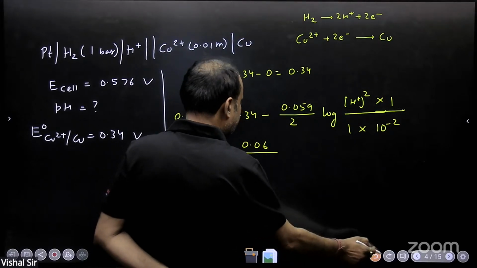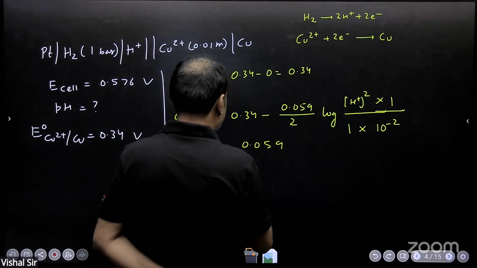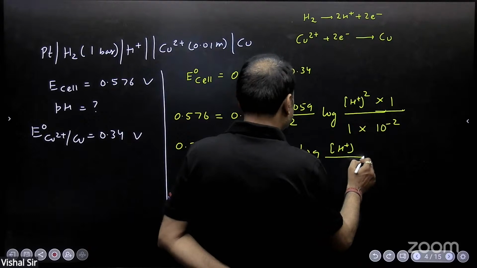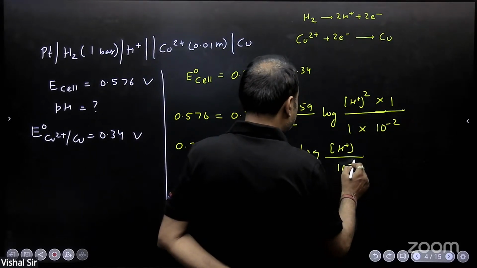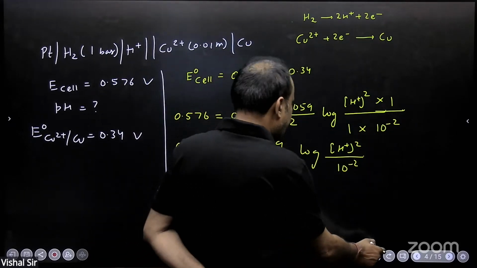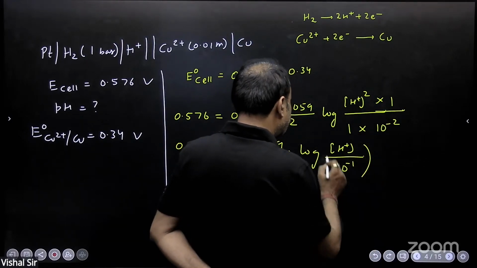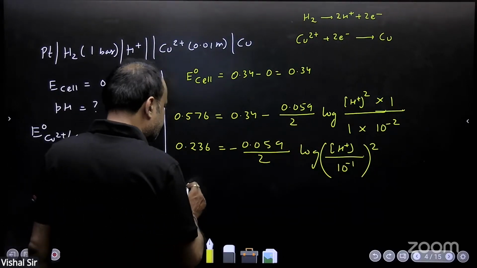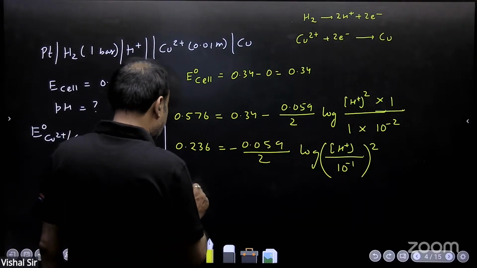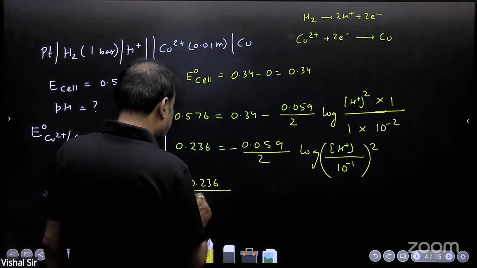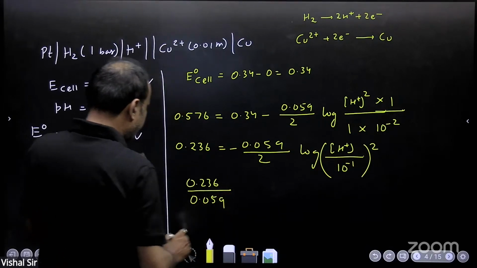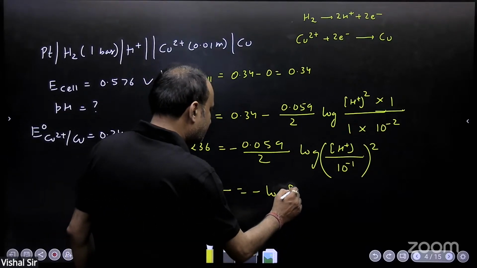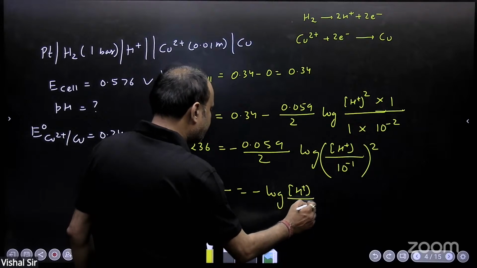is 0.059 by 2 log of H plus square by 10 raised to minus 2. Or you can write it like this: H plus by 10 raised to minus 1, whole square. This square you can bring out of log and cancel. So you will get 0.236 by 0.059 is minus log of H plus by 10 raised to minus 1.